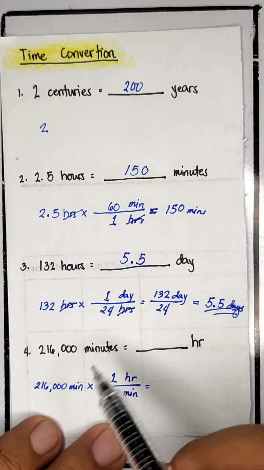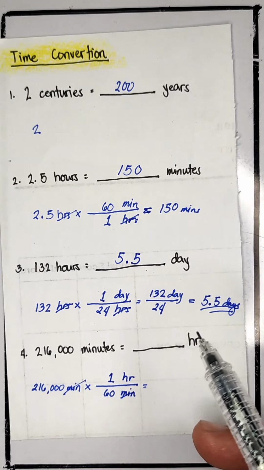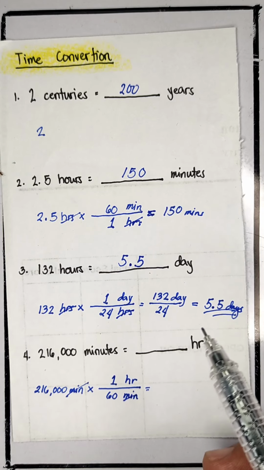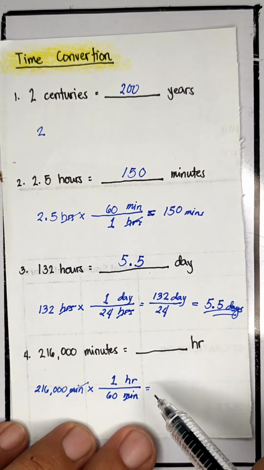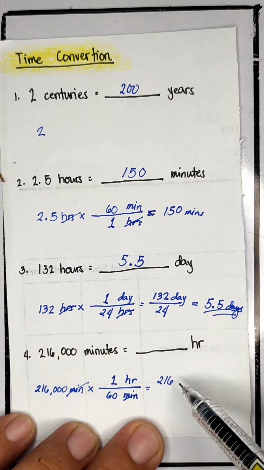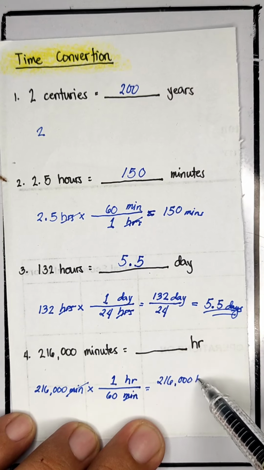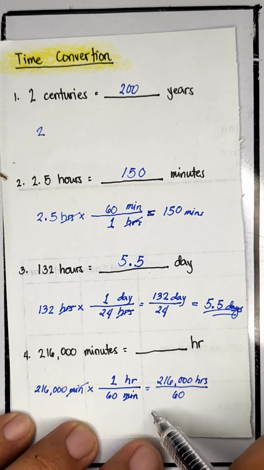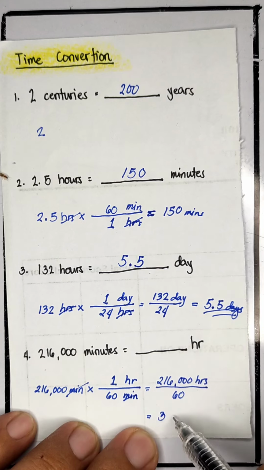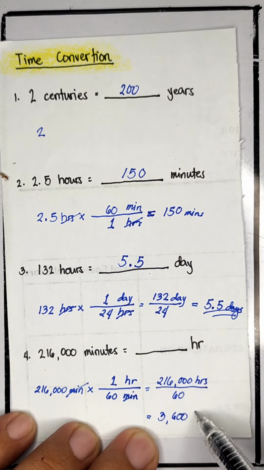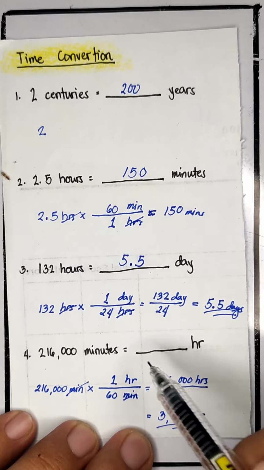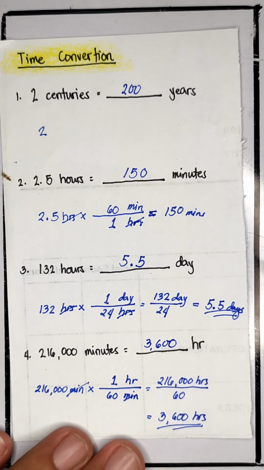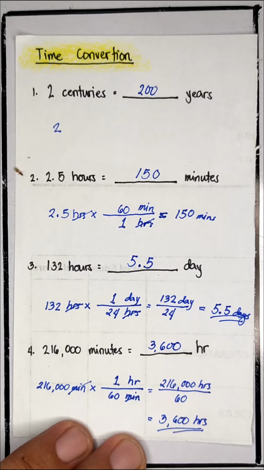Cancel minutes. 216,000 divided by 60. Then the answer is 3,600 hours. Okay, that is how to convert time.